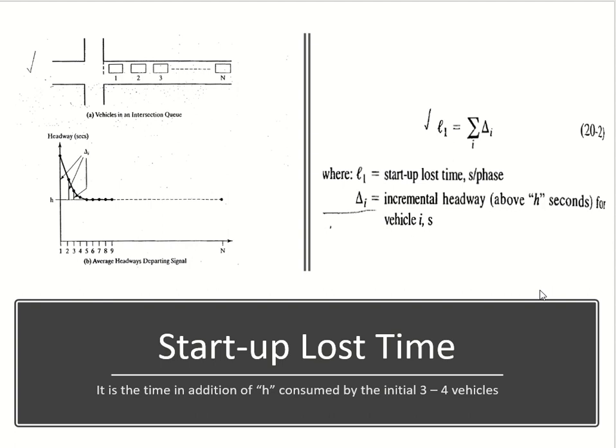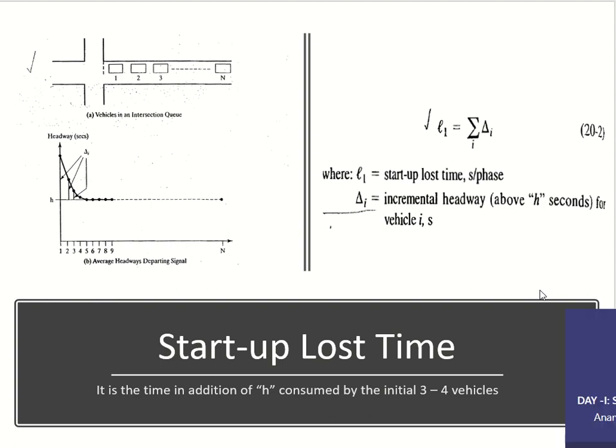This is the headway at the start of the queue. As the queue keeps on moving, the headway keeps on decreasing. Will it become 0? No. 0 means what? Accident. So it will reach a minimum value. And what do we call this minimum value? Saturation headway. Got it? Clear?